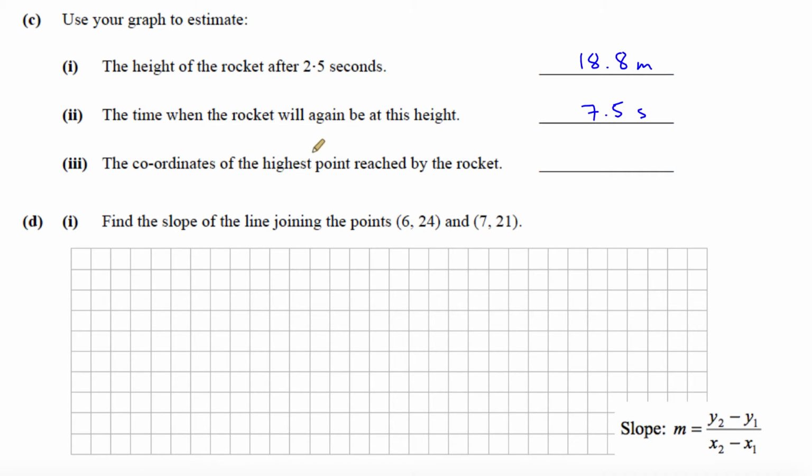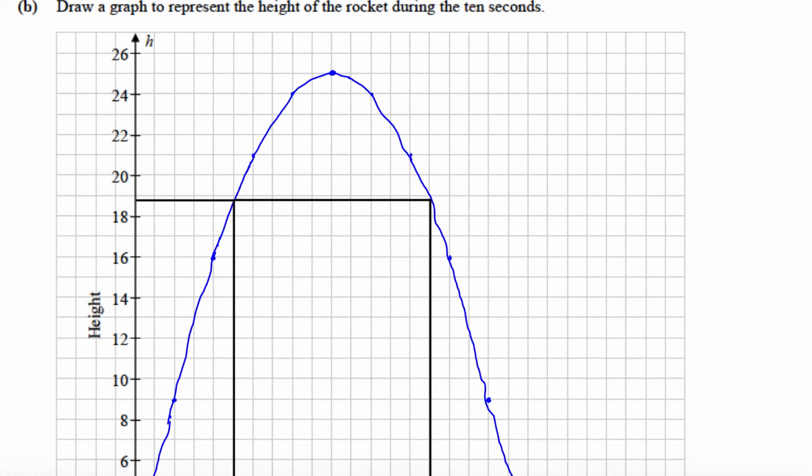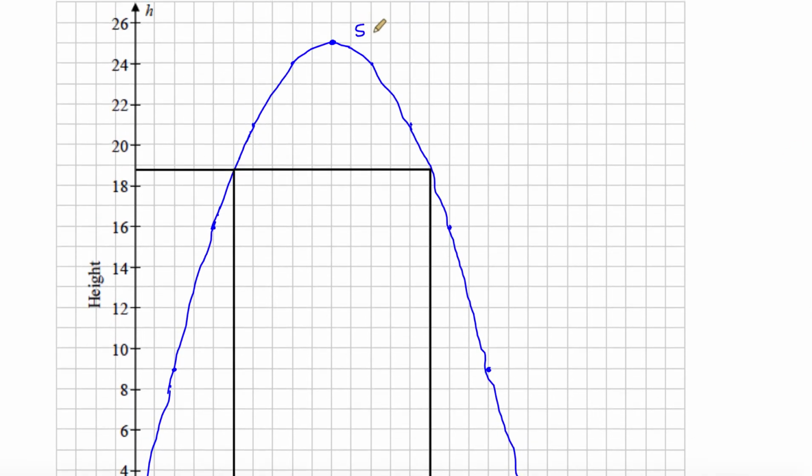Part 3, the coordinates of the highest point reached by the rocket. Well, the highest point reached by the rocket is this point here. The coordinates of that point, you can drop down a line, but you can see it's actually above 5, so it's 5, 25. So that's the coordinate of the highest point.